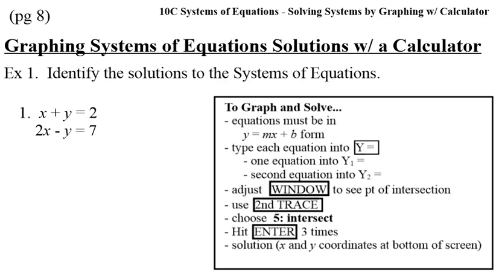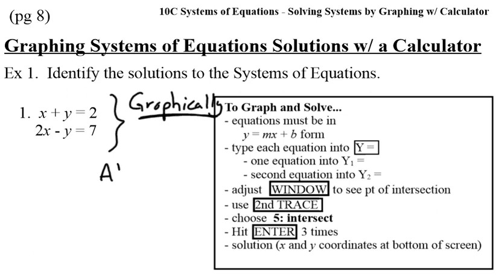Calculator can do the work for you. Now, what you have to be careful with the calculator, yes, it's there to help you. And there's the one that we just did. But if this question said graphically solve, graphically means do it on the calculator. There's nothing wrong with that.